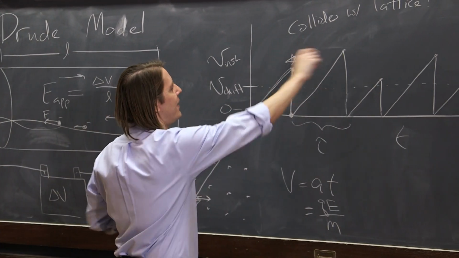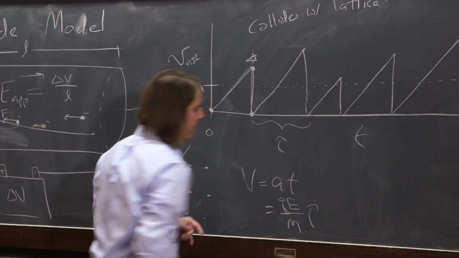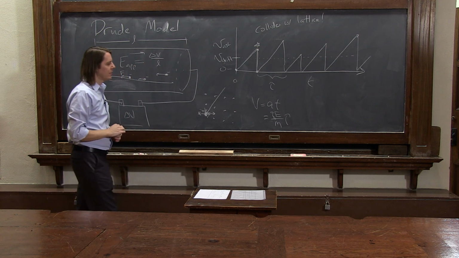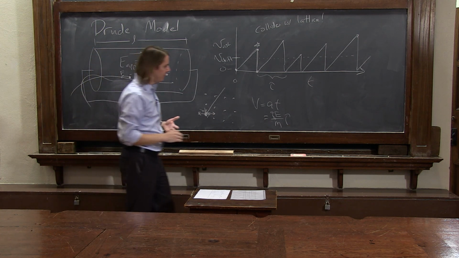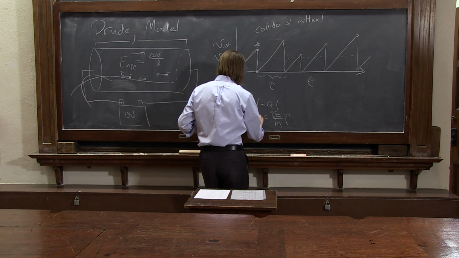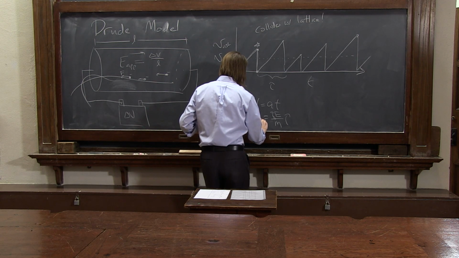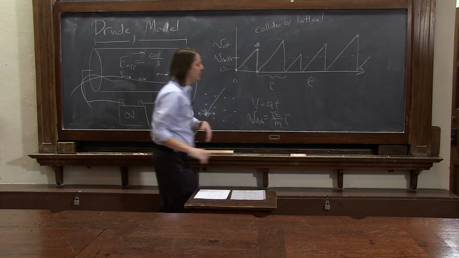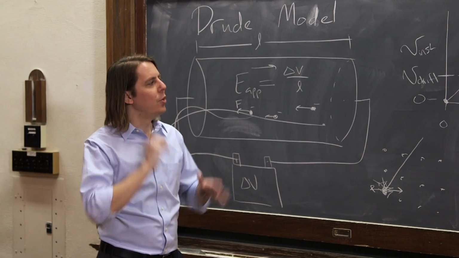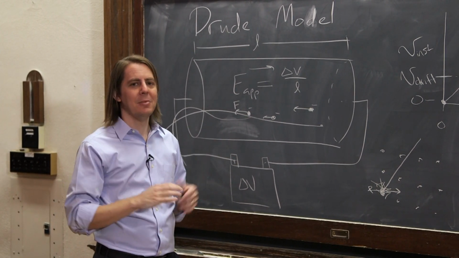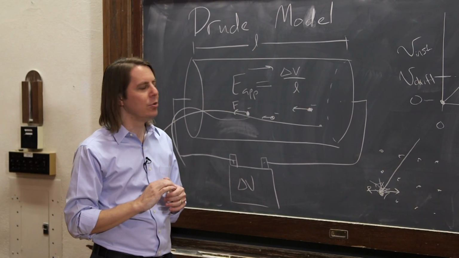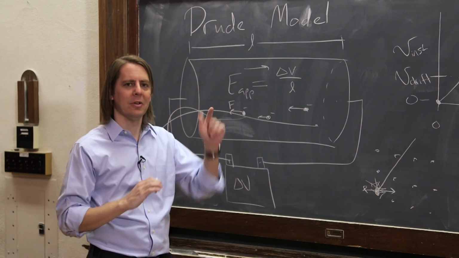We're figuring out how fast does it get. So we can write v drift as QE over m times tau. So this is why we imagine them having a constant drift velocity when really they're accelerating all the time. They're accelerating and stopping, accelerating and stopping.